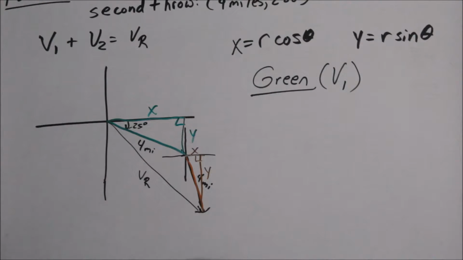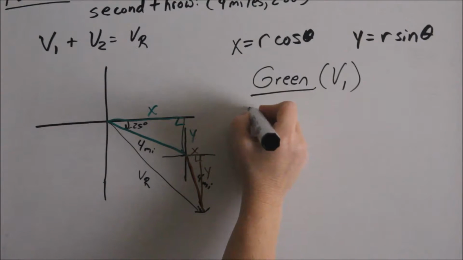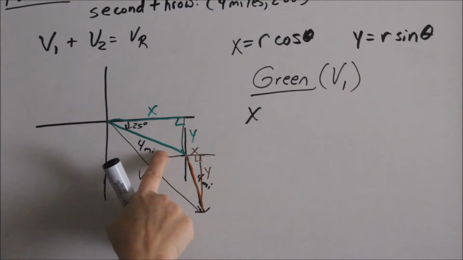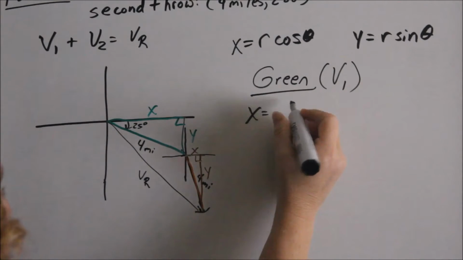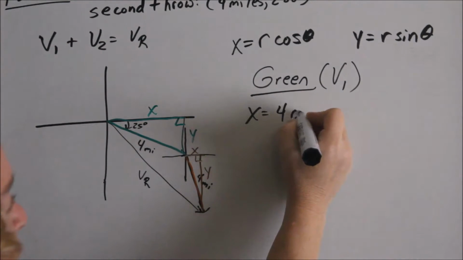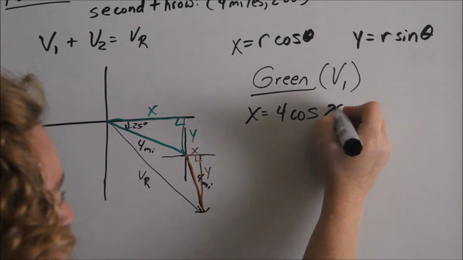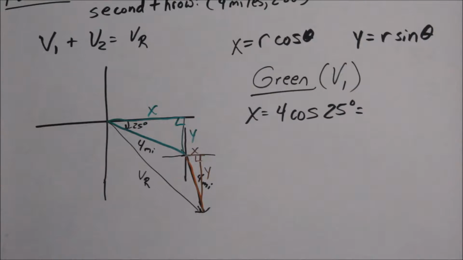Applying our numbers in our triangle, again, we're just looking at vector 1, this green triangle. x is equal to my r, the length of my hypotenuse, which is 4 miles, times cosine of my angle, 25 degrees. I'm putting all my answers to 2 decimal places.